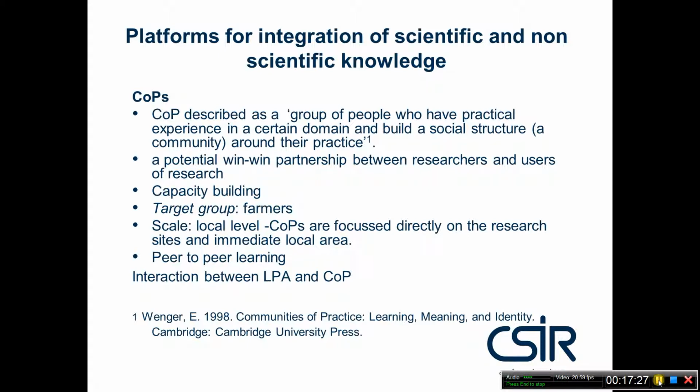COPs are generally focused directly on the research site in the immediate local area. In addition, communities of practice are meant to encourage peer-to-peer learning by being a platform for farmers, for instance, to interact and share knowledge.